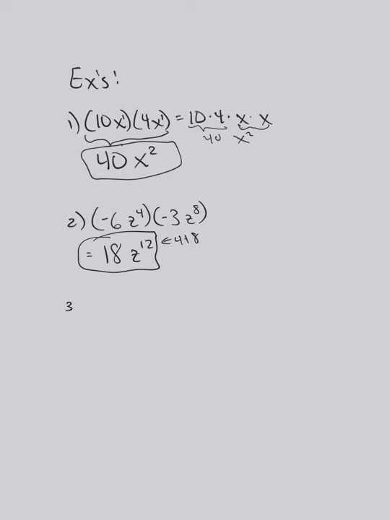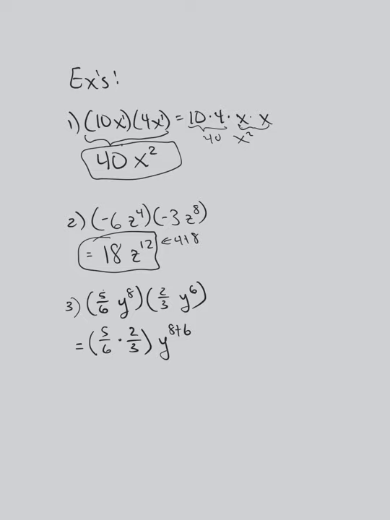As always, don't let fractions or decimals throw you. Say I had 5/6 y to the 8th times 2/3 y to the 6th. You might want to write out the steps unless you're really good with your fractions. We multiply the coefficients and add the exponents.